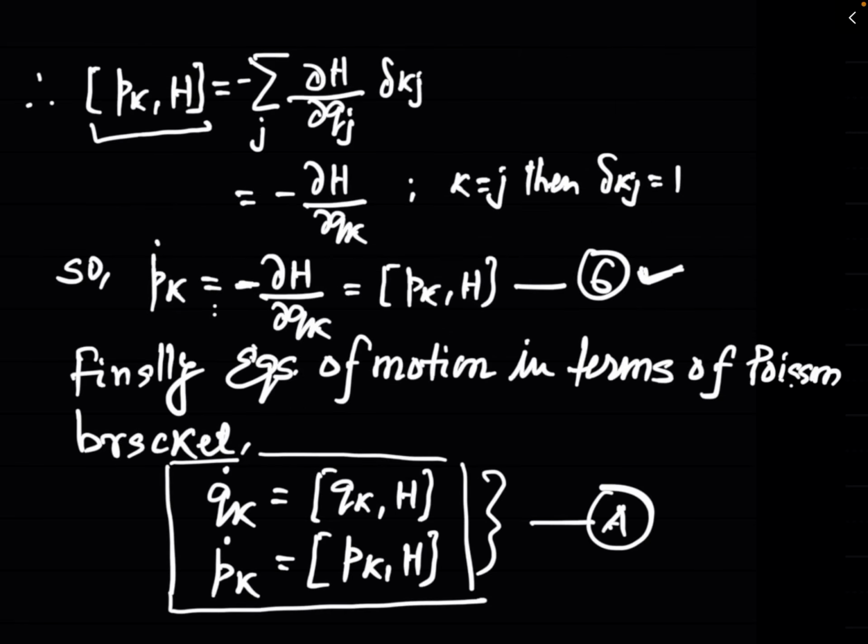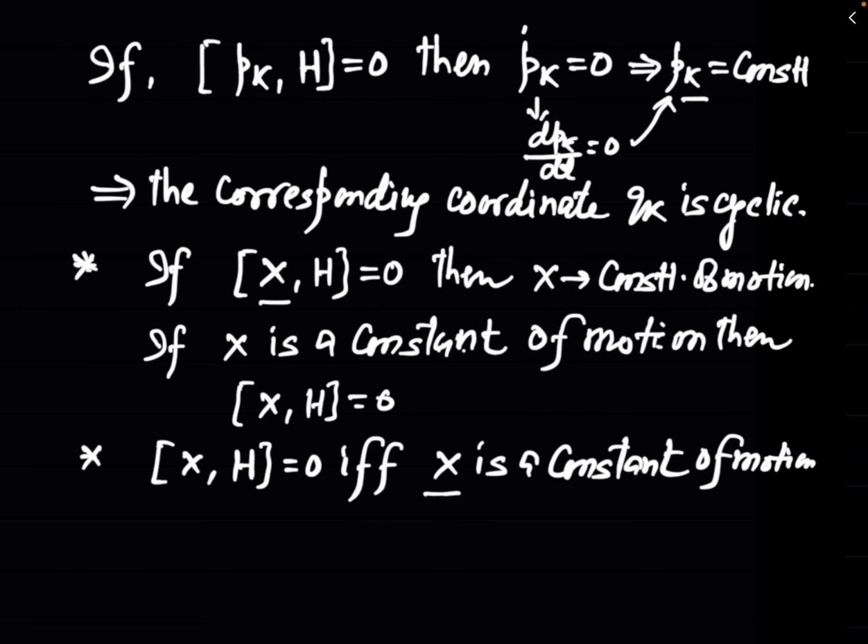So you can see what is the form of equation of motion in terms of Poisson bracket. Remember it, as I have mentioned in this equation A, that in terms of Poisson bracket you can write the equation of motion like this: qk dot equal to Poisson bracket of qk and h, and pk dot equal to Poisson bracket of pk and h. And actually these are simply the Hamilton's canonical equations of motion.